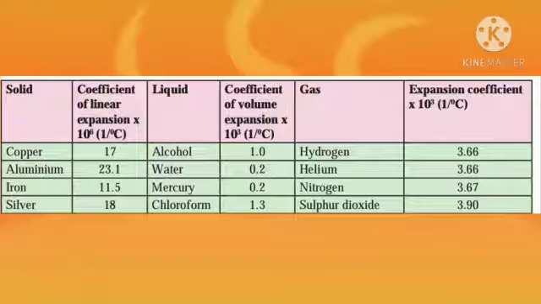Now liquids and their coefficients: alcohol 1.0, water 0.2, mercury 0.2, chloroform 1.3. Now gases: hydrogen 3.66, helium 3.66, nitrogen 3.67, sulfur dioxide 3.90.